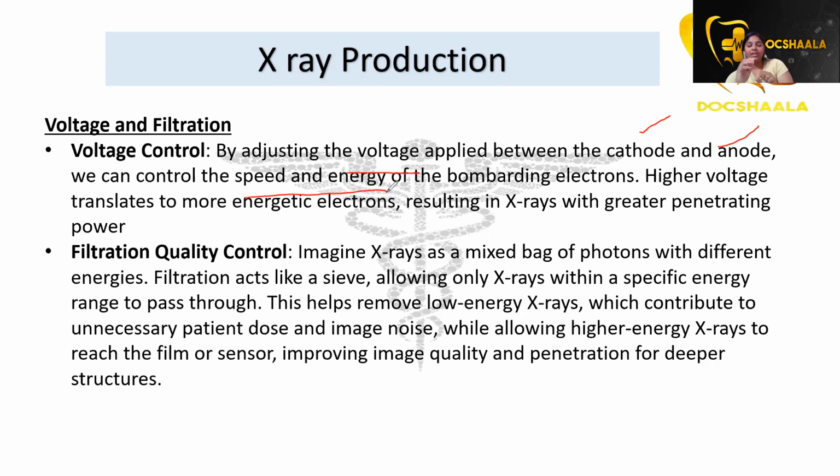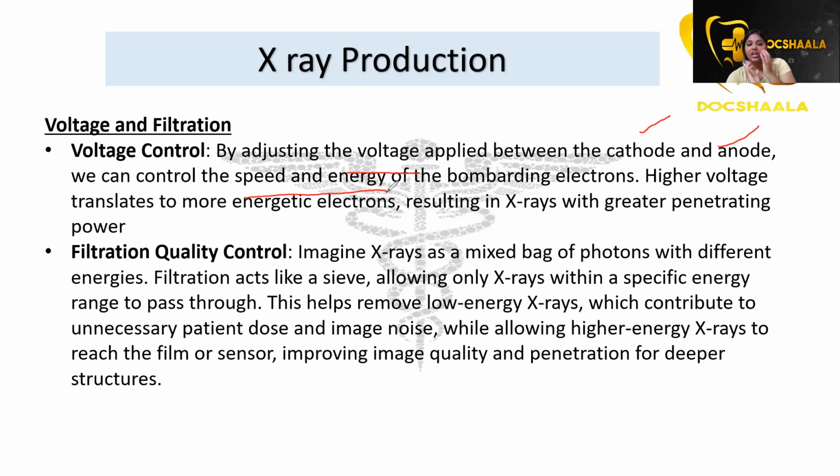Imagine the X-rays that are produced: some are produced with high penetrating power, some are weak, some are moderate. We don't require this scattered radiation, right? We only require the quality radiation which can give us a quality image. To allow only this quality radiation to give a proper image, we use something called filtration.